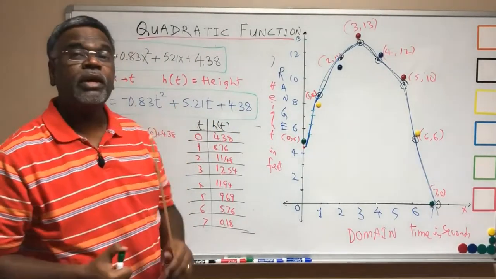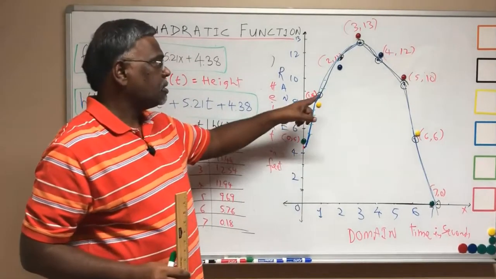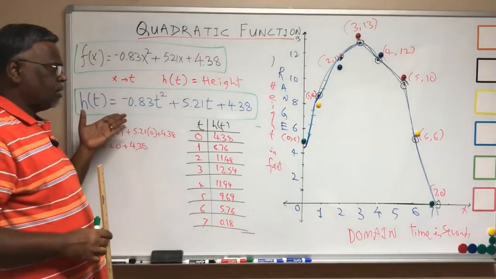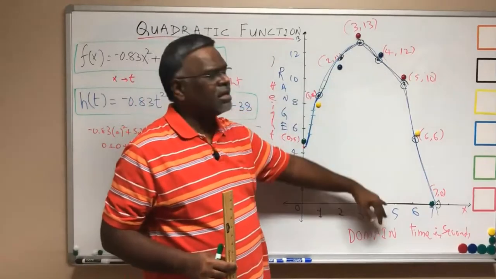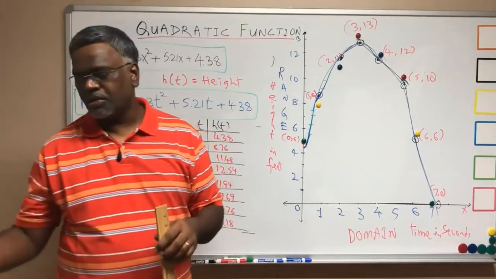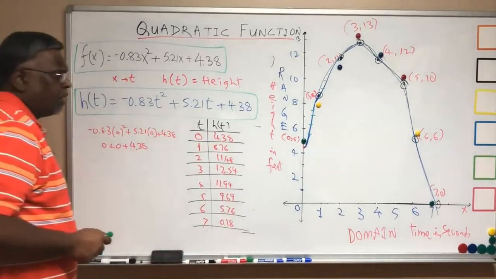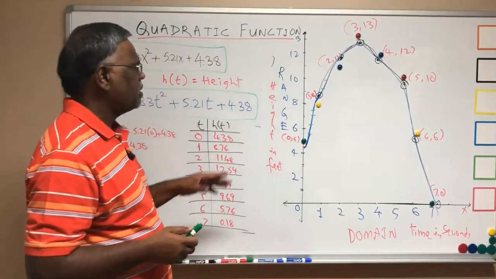So from where we started and where we reached, you got the dots, and from the dots you put it in the calculator, you got a function. Then using these values, and even this graph also, you'll get a neat graph using Desmos or your graphic calculator.